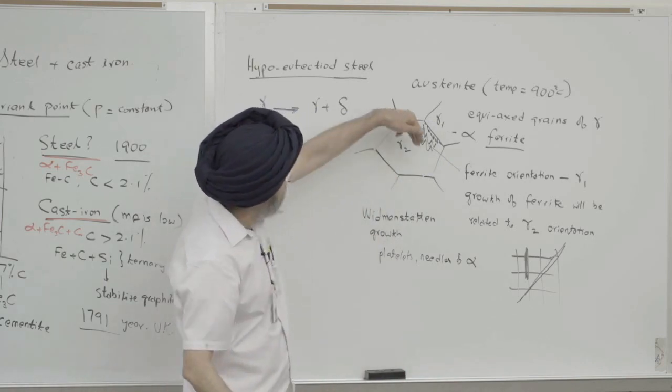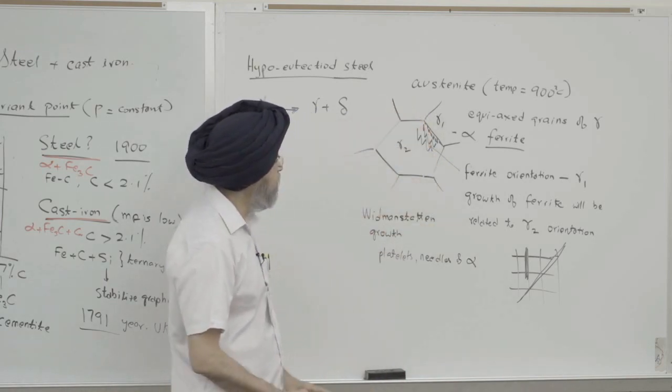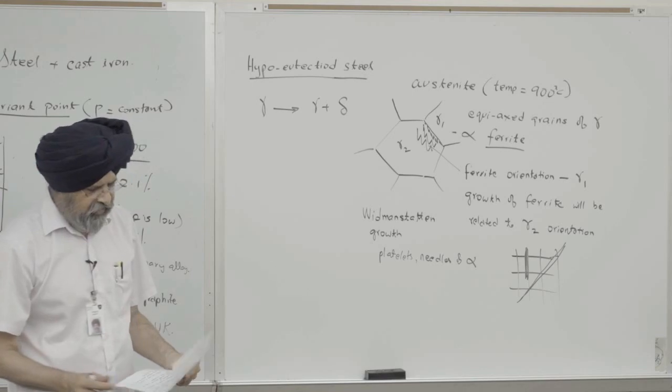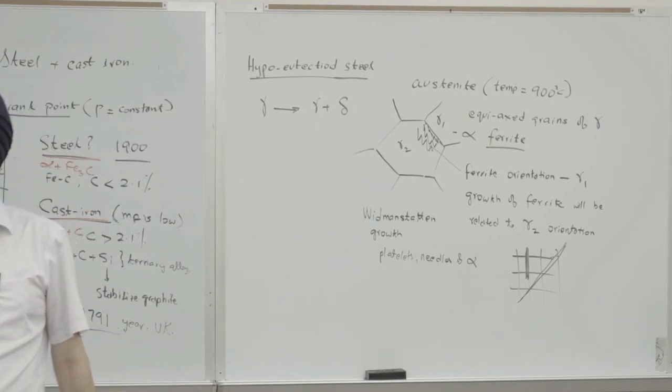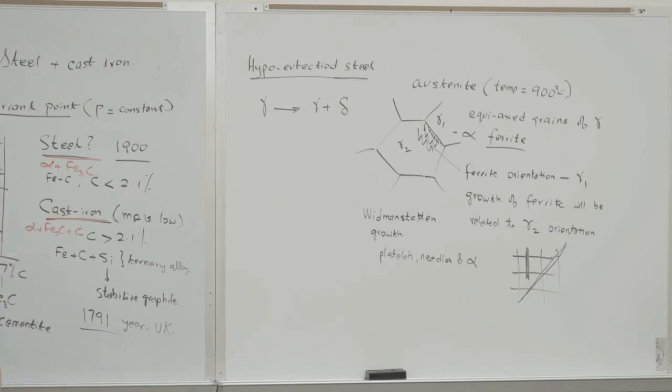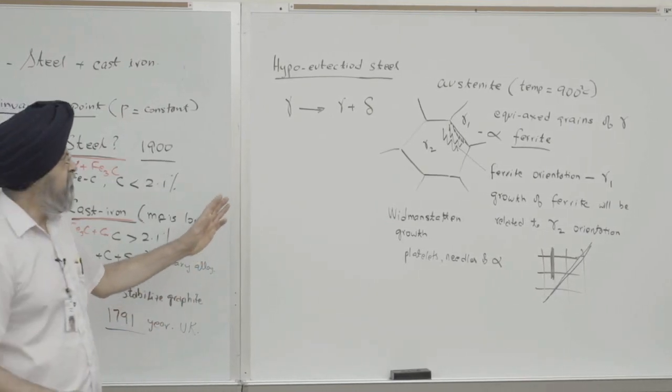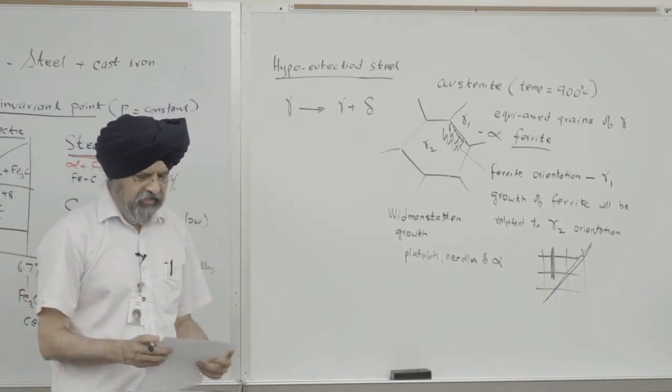So this could be needles or platelets growing in that direction. By the way, this information I'm giving today wasn't there when I was a student. These discoveries were made later, after I graduated.